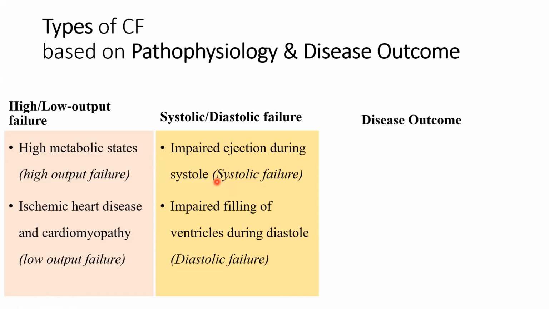All of these things that I've just mentioned under the systolic failure lead to decreased ejection fraction. Okay, you know what ejection fraction is. Decreased ejection fraction then leads to increased EDV, end diastolic volume, i.e. pooling of blood within the heart, increased ventricular dilatation.